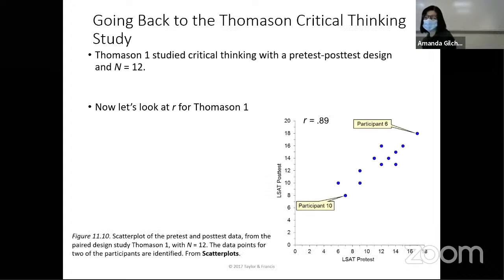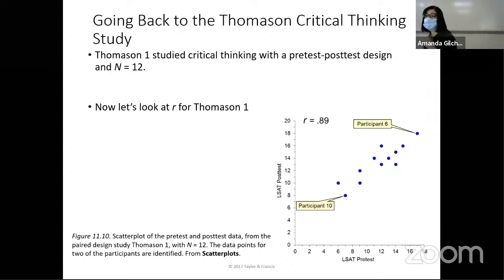Okay, so let's go back to our Thomason critical thinking study. Just to remind you of how the study went, Thomason basically studied whether critical thinking could be a useful intervention for teaching people logic problems. This researcher gave a group of 12 participants a pretest.